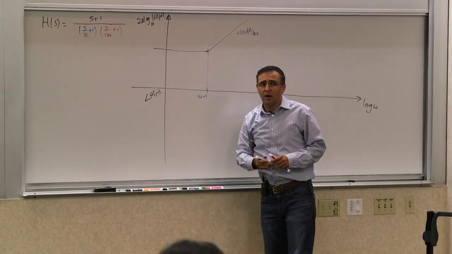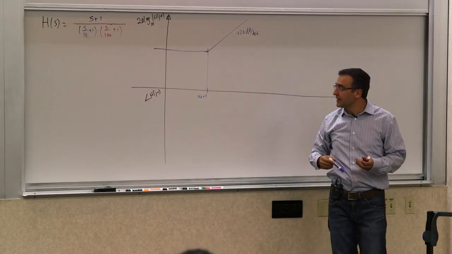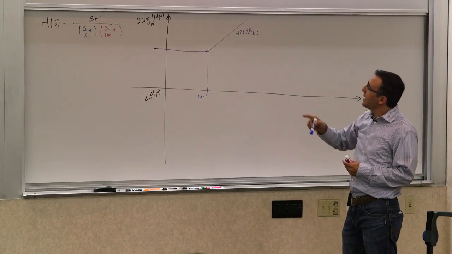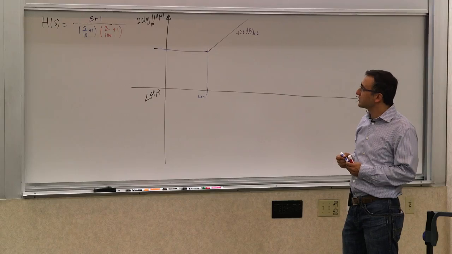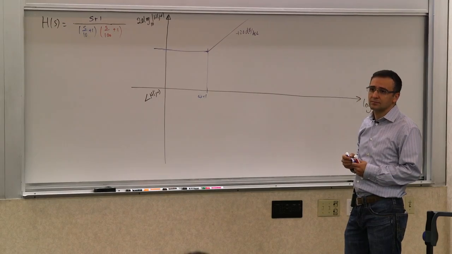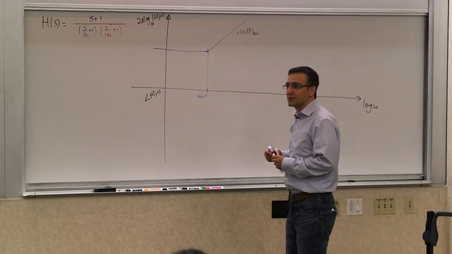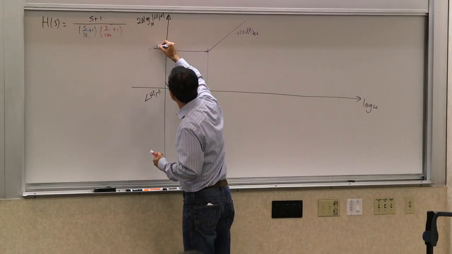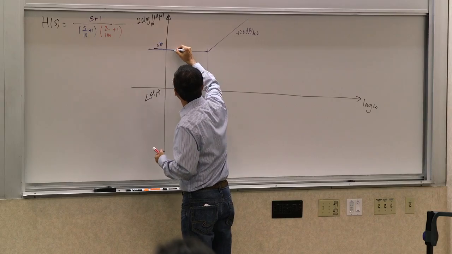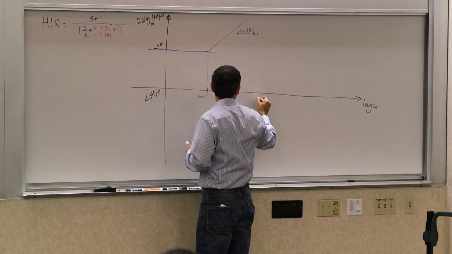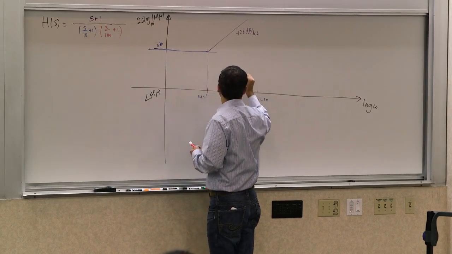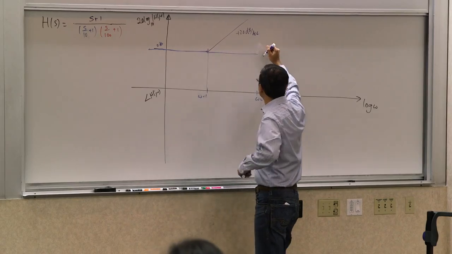Okay, now let's look at the next one. How about the blue one, the denominator term? How does it look? So again, you start from 0 dB, by the way. So you start off from here, and then let's say this is omega equals 10. What happens at this point?